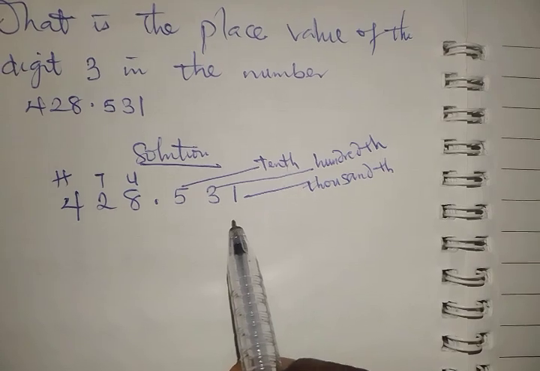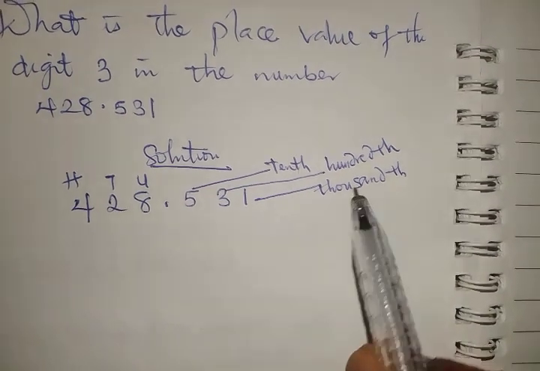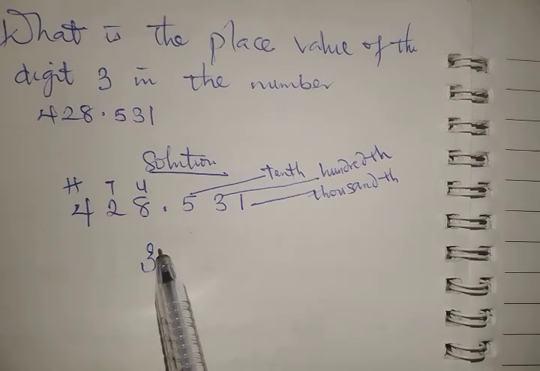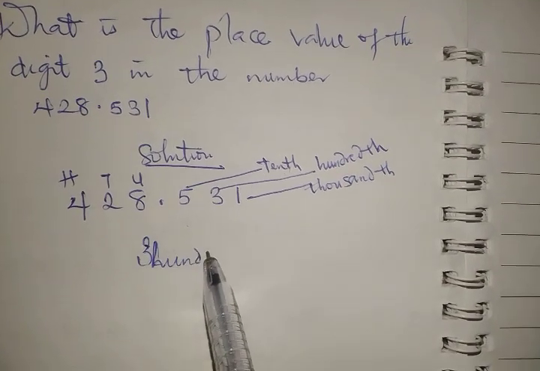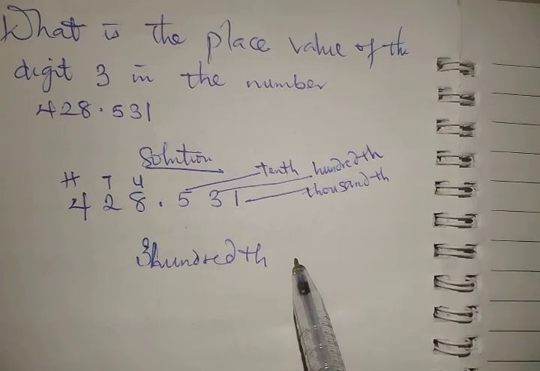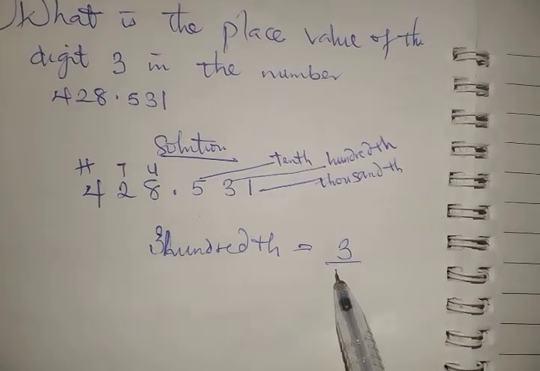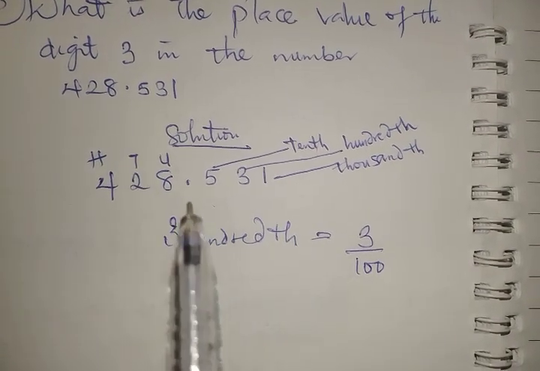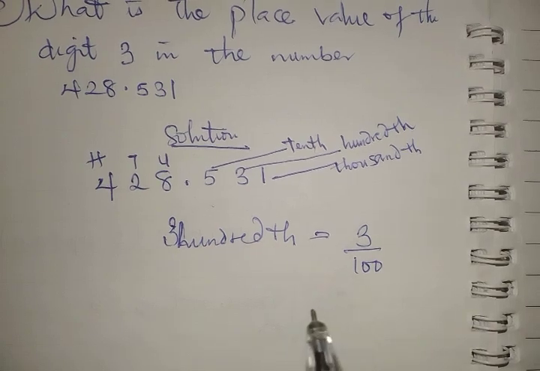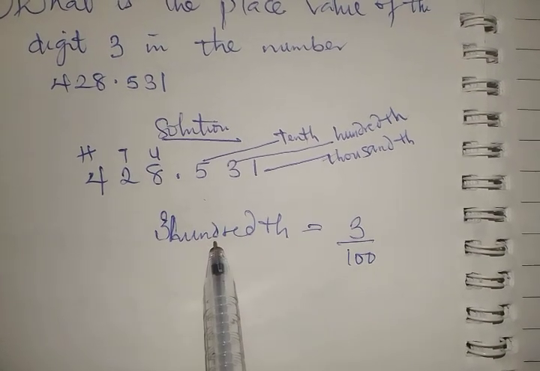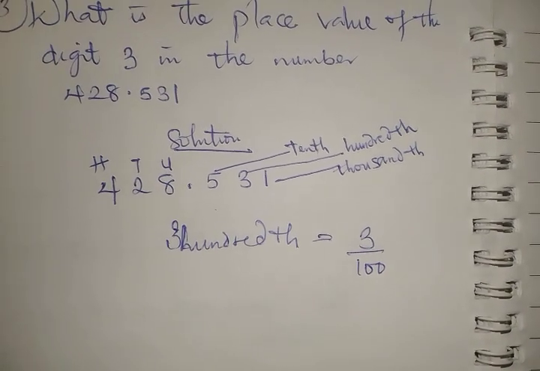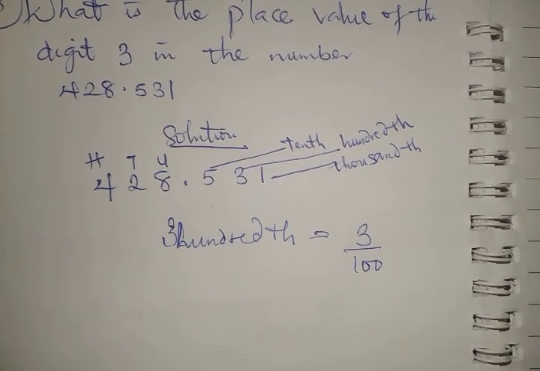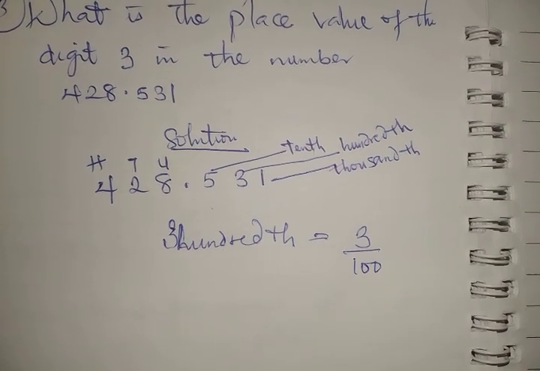The third number after decimal point is thousandth. And if you're to write this down, it will be 3 over 1000 hundredth, which is also the same as 3 over 100. So therefore, the place value of 3 in the number 428.531 is 300. You see this in your options, you're free to choose any one depending on what options you're given. Go to the next question quickly with me.